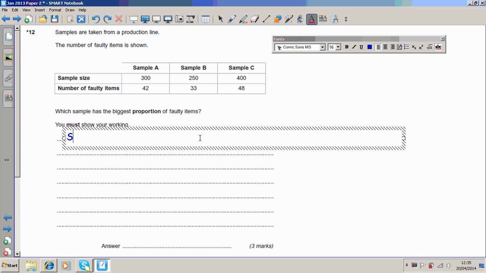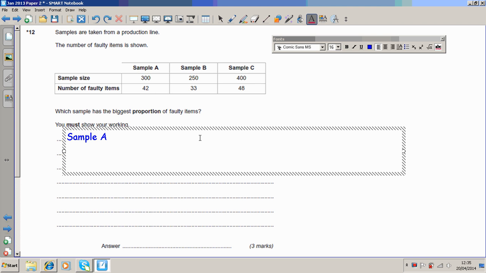So if we do sample A, we can say there are 42 faulty items out of 300 in total.